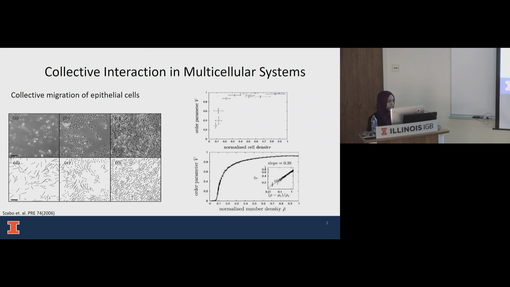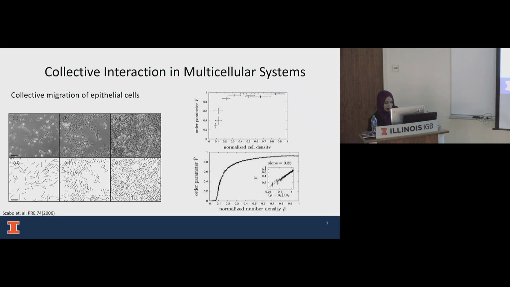They also defined an order parameter based on the velocity of these epithelial cells, and found that this order parameter is heavily dependent on the initial number of cells. When the cell number goes above a certain value, there is a sharp increase in the order, which is described as a function of the velocity of the epithelial cells.